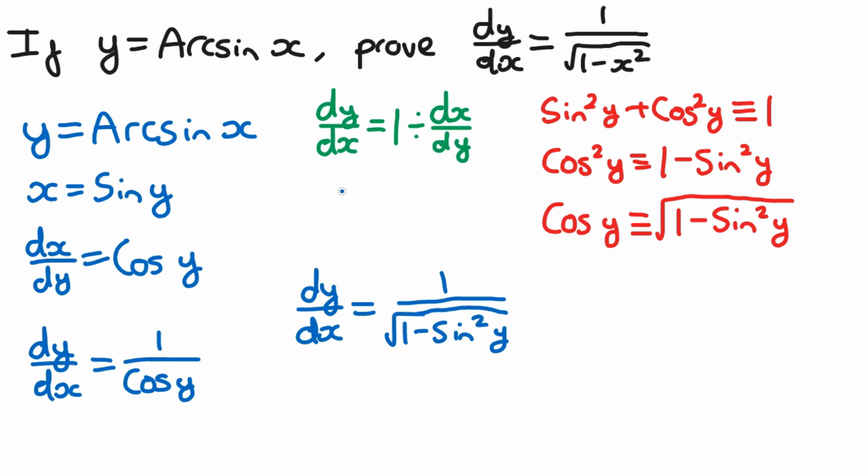And what's key with this is that x is equal to sin y. So we can make the substitution here for sin y for x, and that's what we've done here. So now it's 1 over the square root of 1 minus x squared instead of sin y. And this is what's required, that dy over dx is equal to 1 over the square root of 1 minus x squared, and that's how you do it.